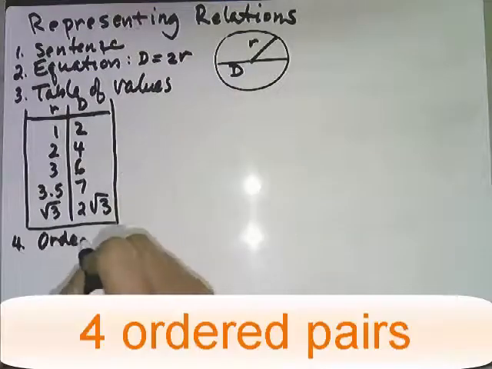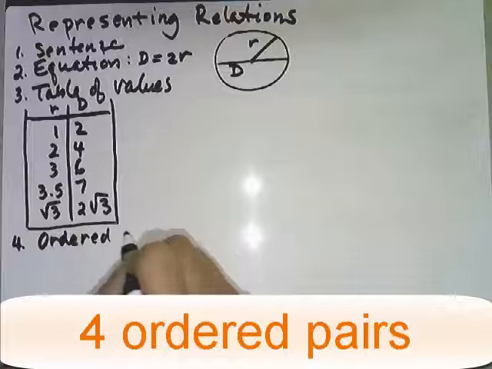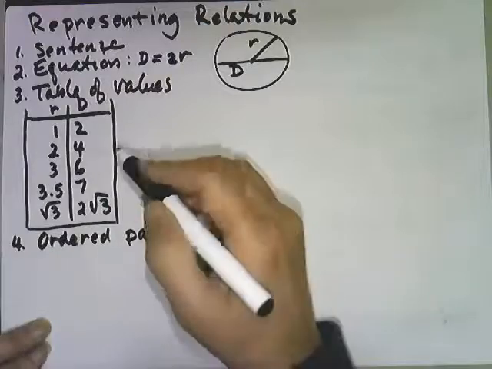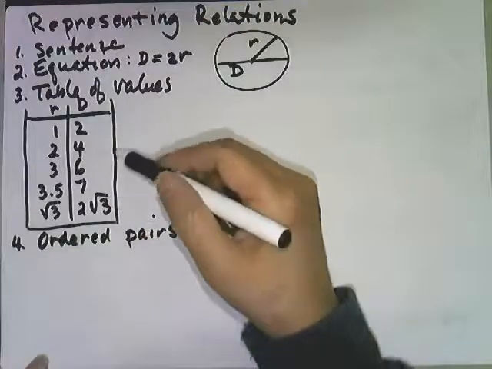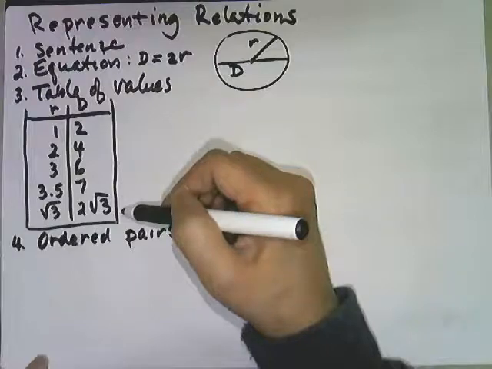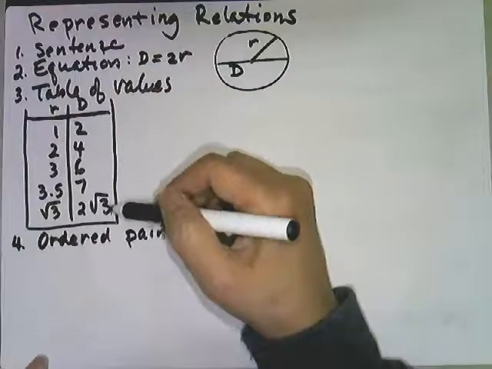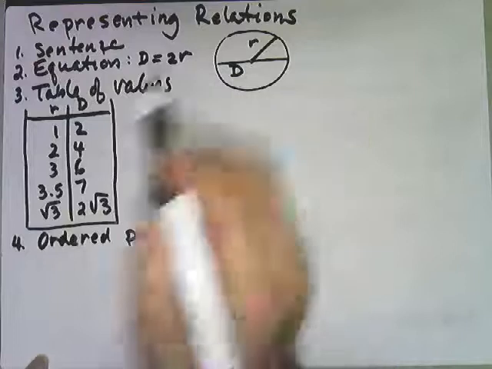The fourth way to show a relationship is ordered pairs. I can't list all possible ordered pairs for you, but I will pretend these are the only allowed values for my example.